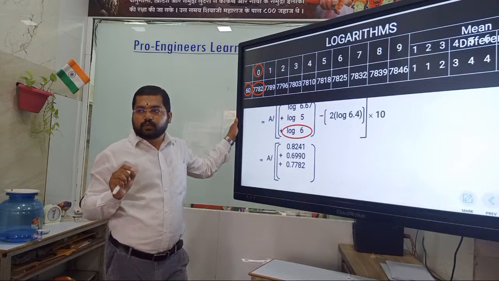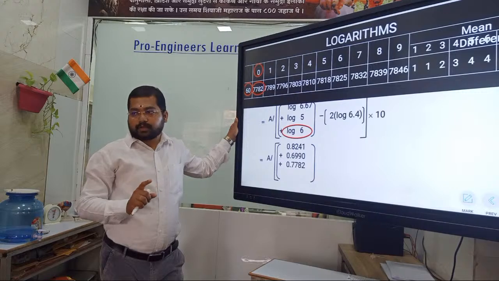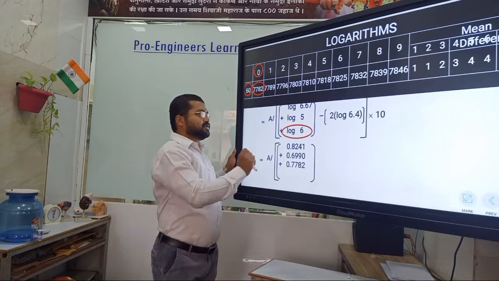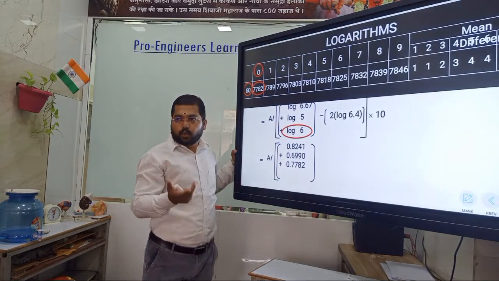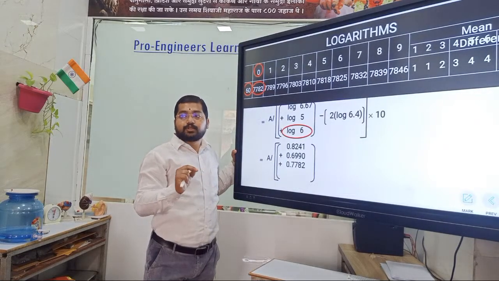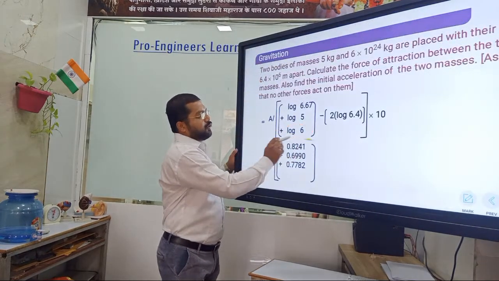Based on that, you can write the values using the log table, because at the end everyone struggles with the values. Formulas are known, concepts are known, but the issue is the calculation, or getting the values from the log table.